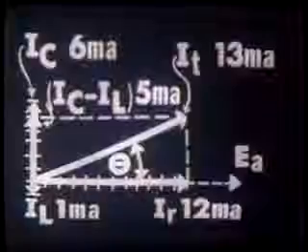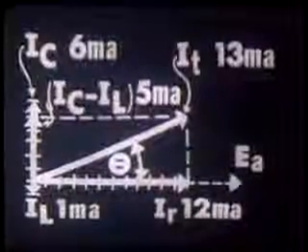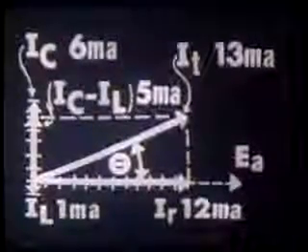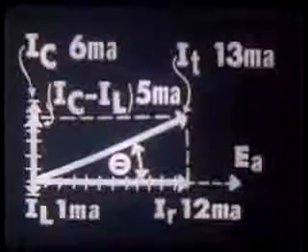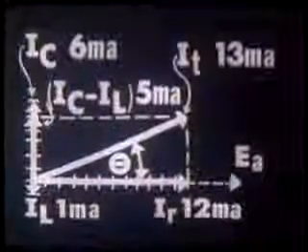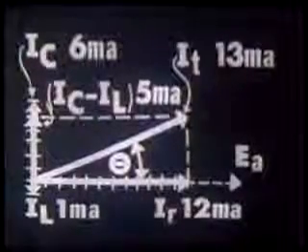We can now construct our parallelogram and draw in our current vector, which would appear like this. If we measured the magnitude of our current vector, IT, it would measure 13 units long, representing a total current of 13 milliamperes. Now we have our phase angle theta generated here.